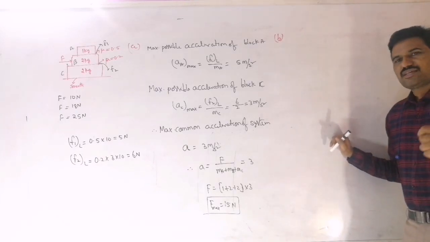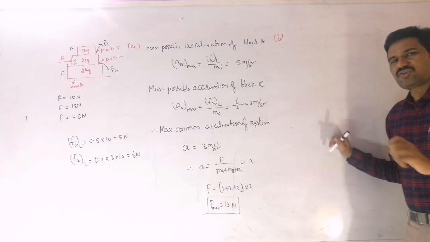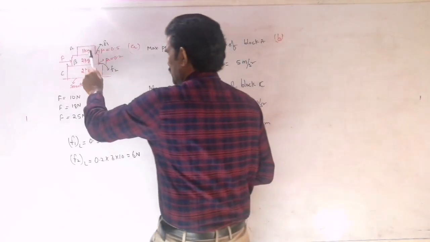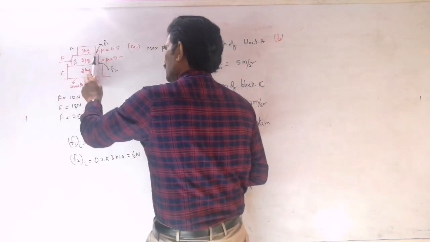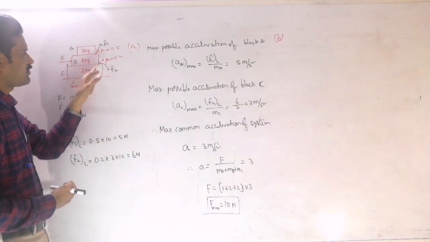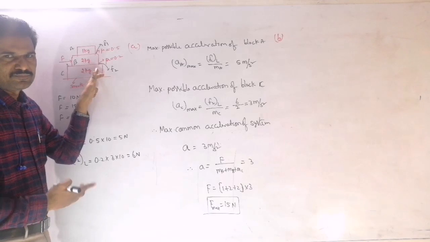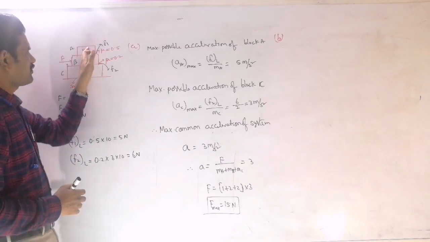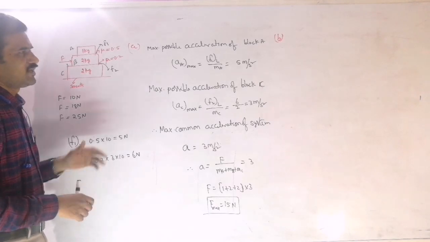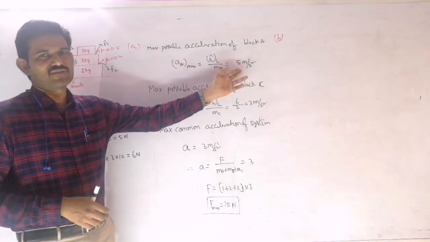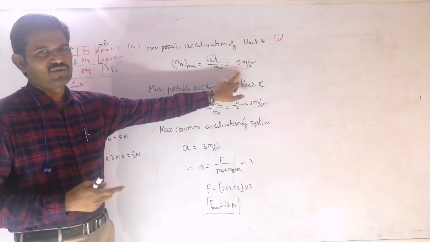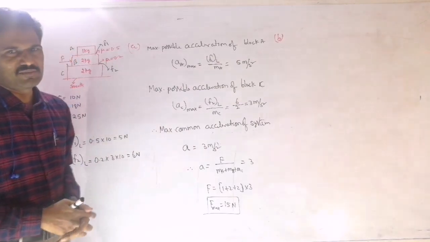Now our question is the minimum force at which slipping will start between all surfaces. That means there should be slipping between these two blocks also. We already calculated that if force is slightly greater than 15 newtons, there will be slipping between block B and block C. So to get slipping between the 1 kg and 2 kg, the maximum possible acceleration of block A is 5 meter per second square.